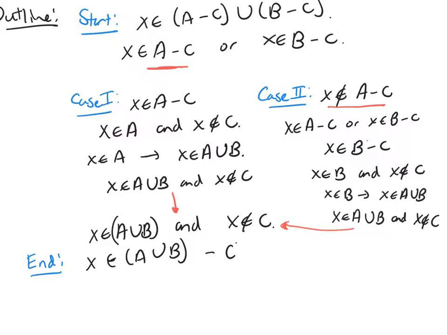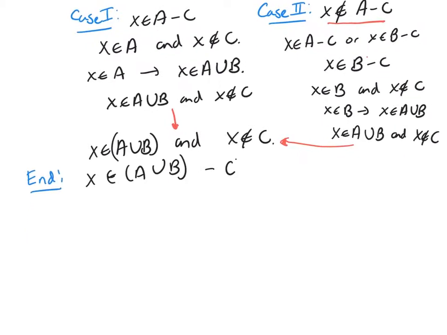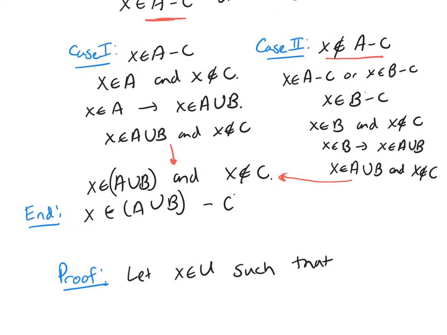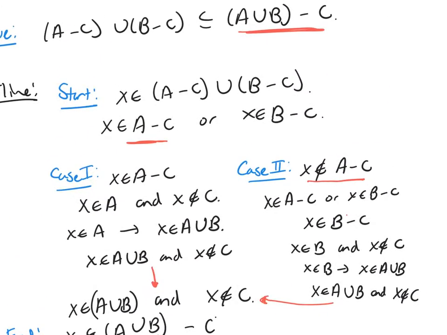So I've outlined the proof, and now let's write the proof formally. So we're going to write out the proof here. So use your outline as a guide. Let X be in U such that, look at the start of your outline. My start of my outline right here.